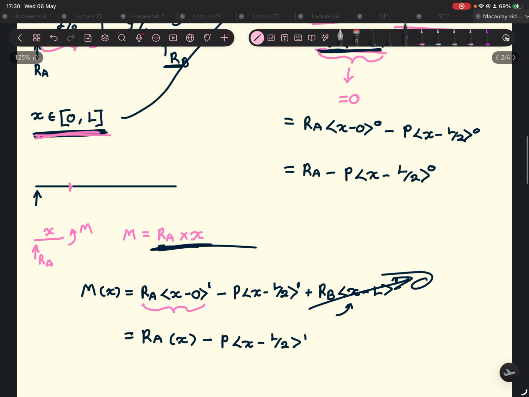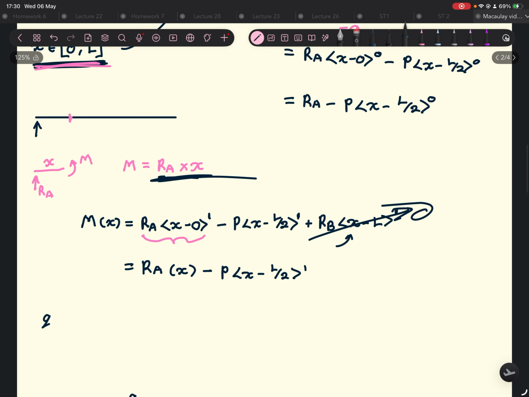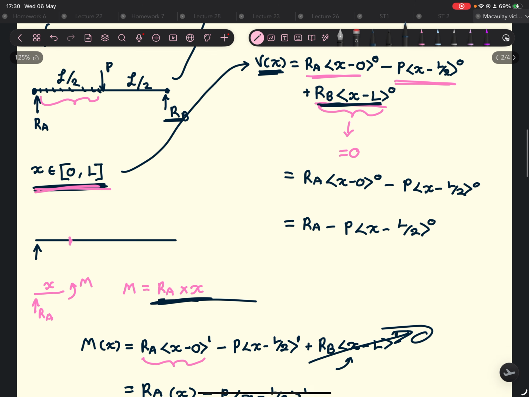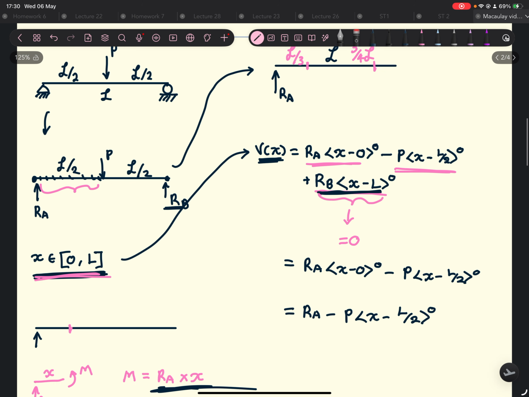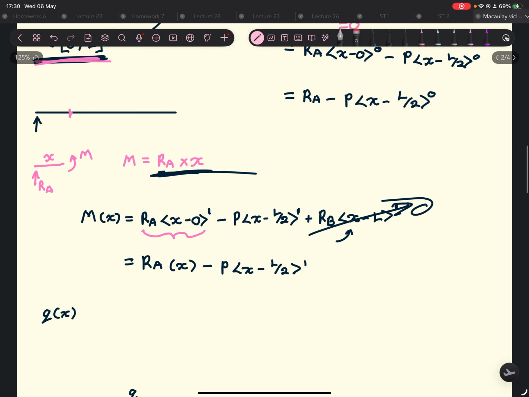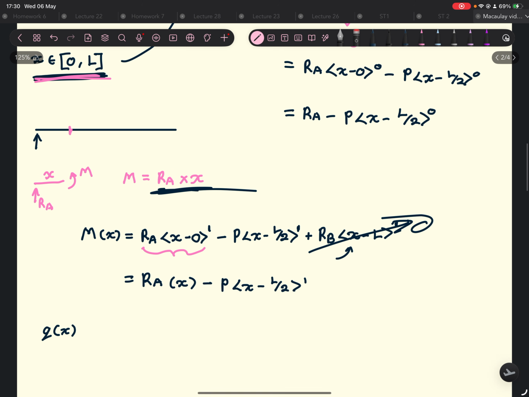And then if you wanted to write the distributed load equation, we know that there's no distributed load on this beam over here, right? So how do we express something that's 0 using Macaulay brackets? We can go outside the domain.